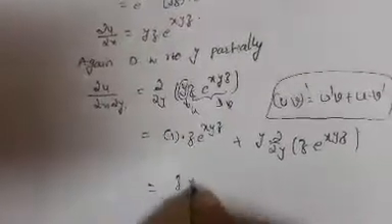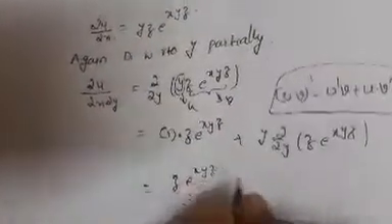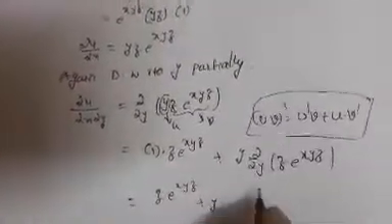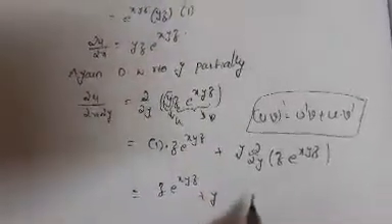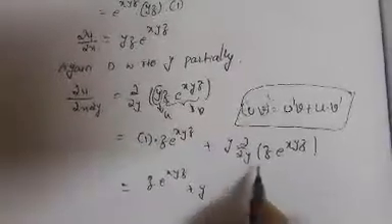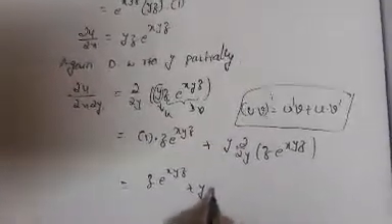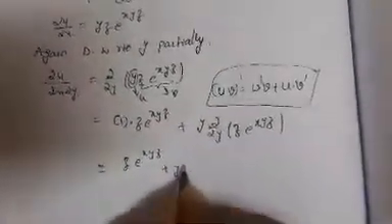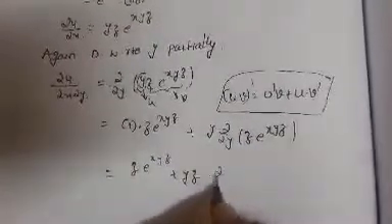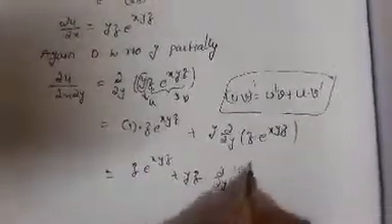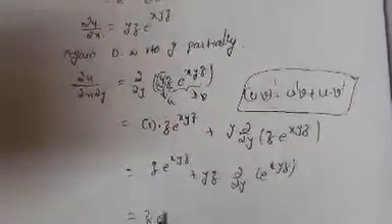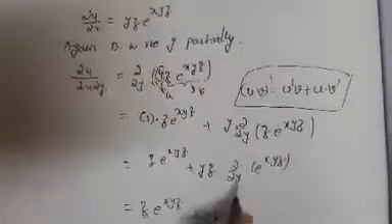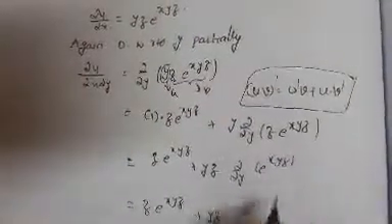So z into e power xyz plus y into ∂/∂y of z into e power xyz. Here z is a constant, so yz into ∂/∂y of e power xyz, which implies z into e power xyz plus yz into ∂/∂y of e power xyz.